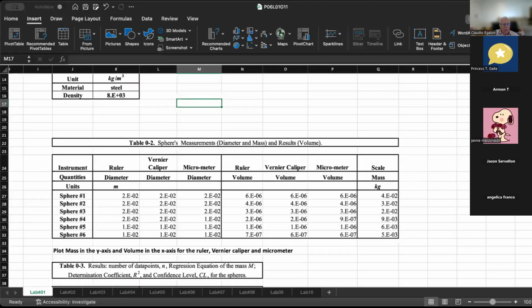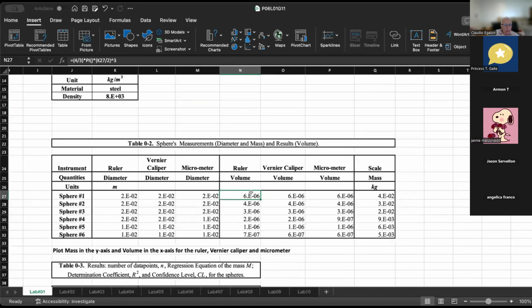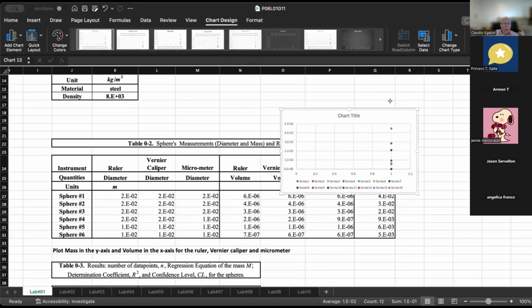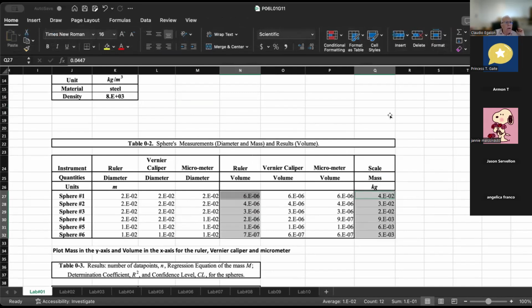So this is the Excel one because I'm transferring it over. When I'm selecting, and then I insert, scatter, that's the plot one. This is what comes up. Wait a minute, there's something wrong. Okay, delete. Are you using Mac? Yeah. Okay, let's see.